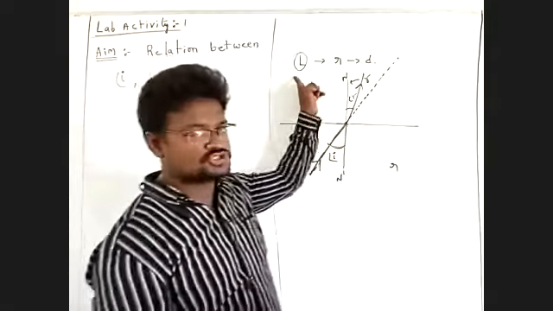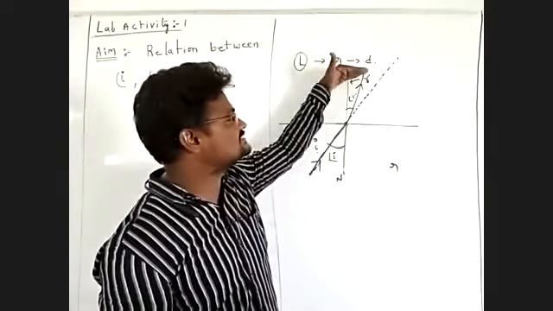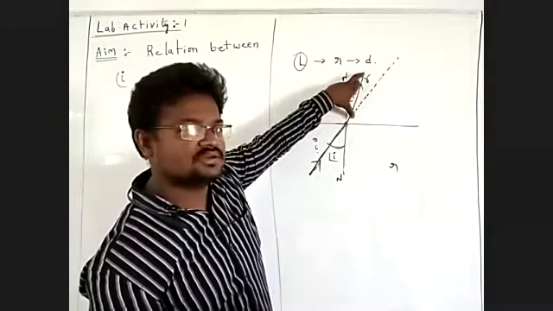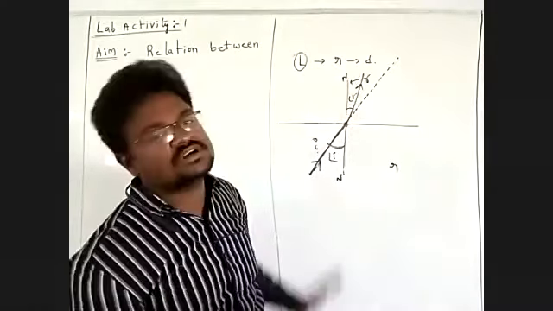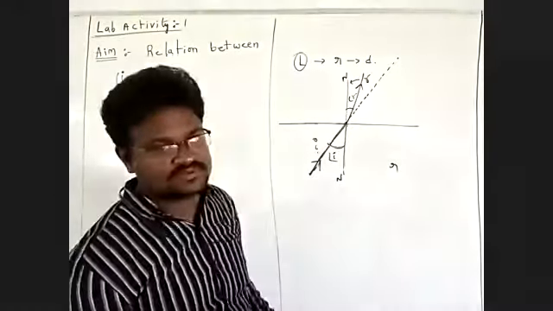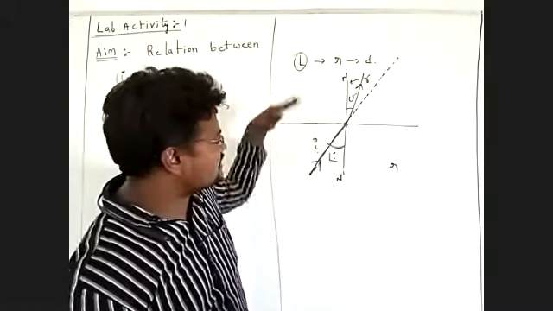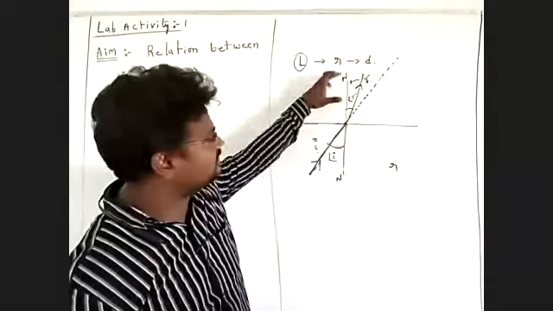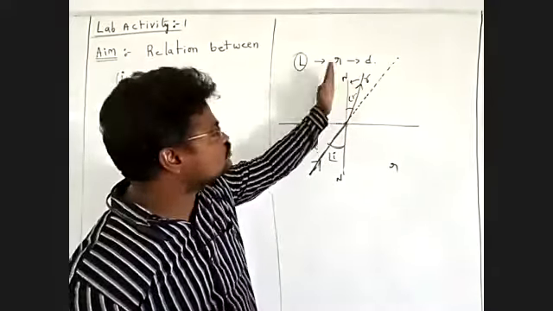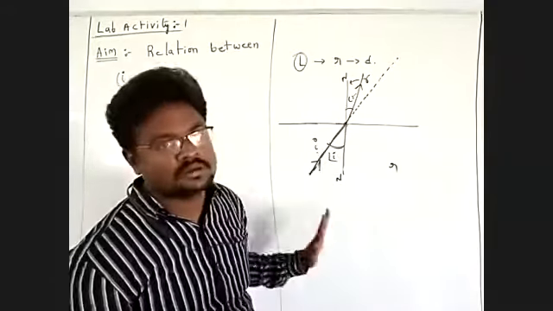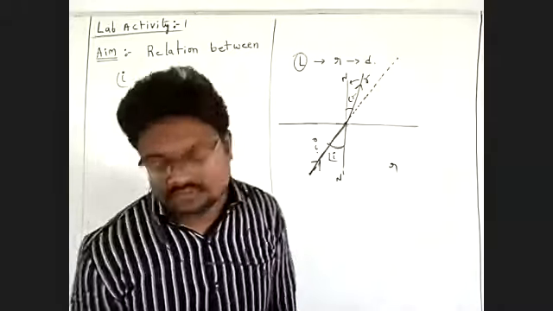But light should travel from rarer medium to denser medium, so the refracted ray bends towards the normal. In this lab activity, I'm going to show that.